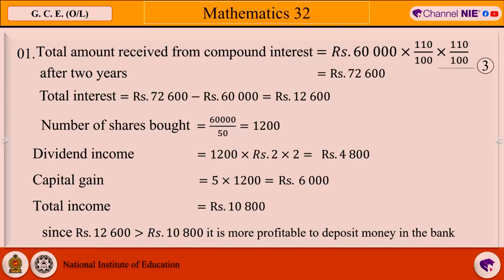For those steps also you will get marks. So, 3 marks for the correct steps and simplification and 1 mark for 72,600. Then you can score another 1 mark for the difference, the total interest, and by calculating the number of shares you can obtain another 1 mark.